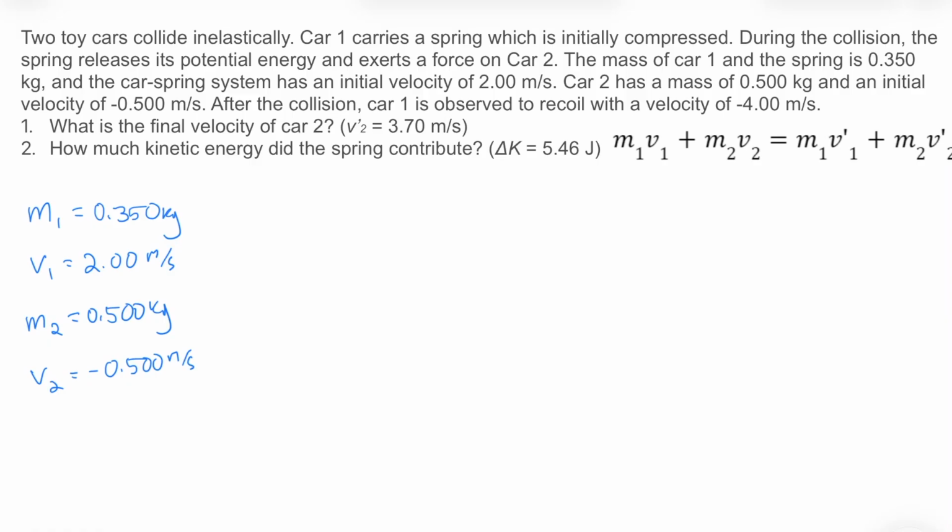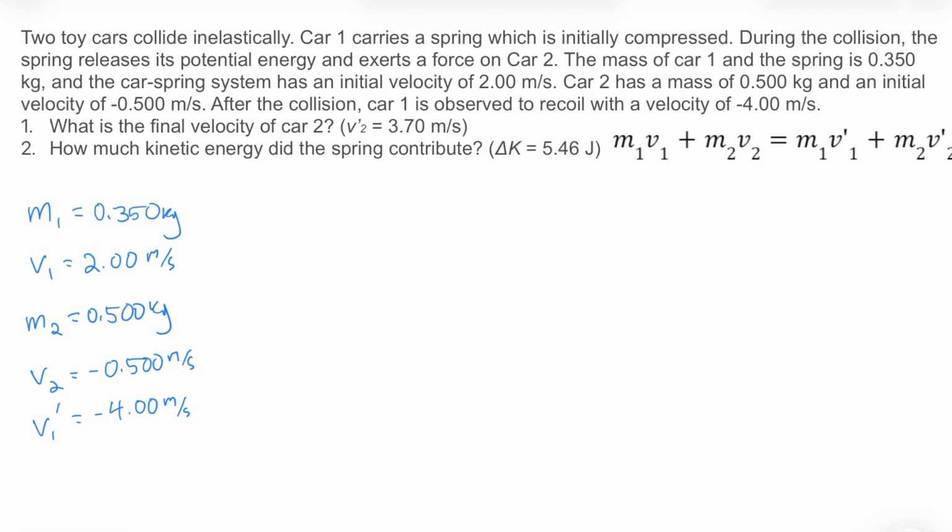After the collision, car 1 is observed to recoil with a velocity of negative 4 meters per second. So it means it starts going backwards. I can label that v1 prime for the final velocity of object 1. So it starts going backwards at 4 meters per second.